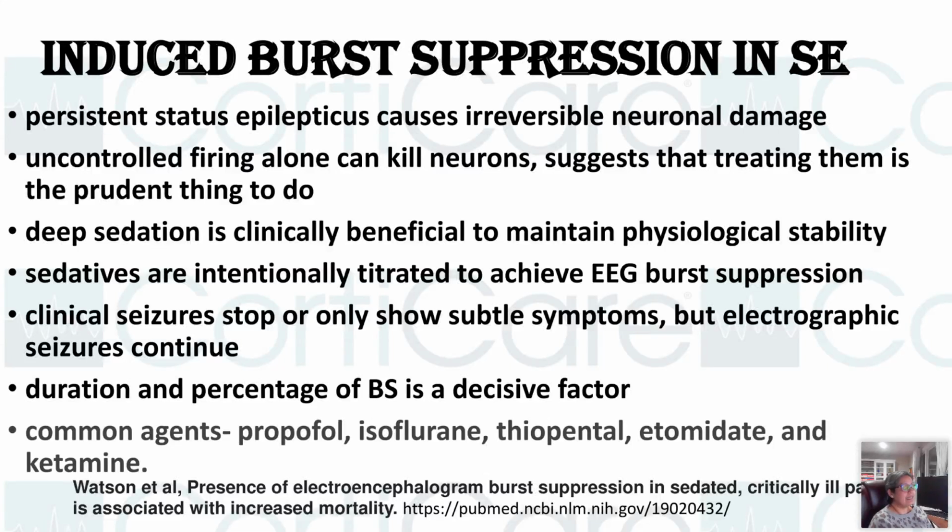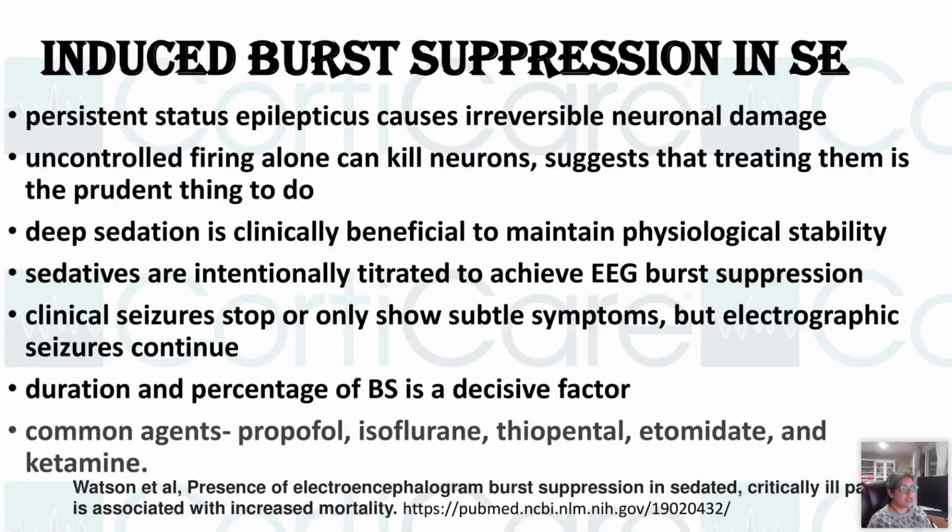The next thing is controlling the electrographic seizures. They will continue. Your bursts will tell the story that the neurons are still hyperexcitable, and the suppression is telling that the synaptic activity is slowed down or is being stopped.